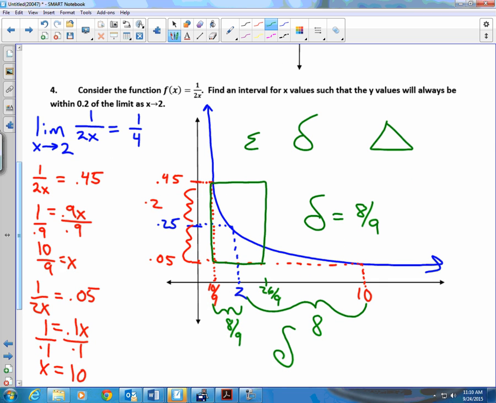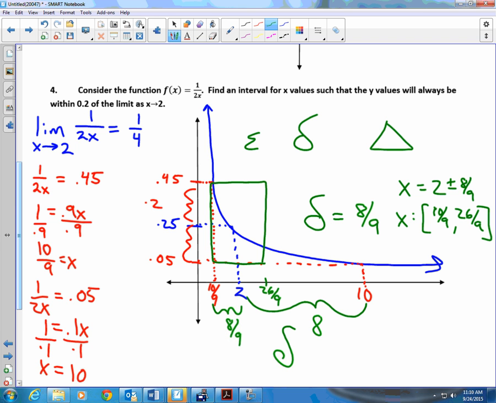So it says find an interval. Well, your interval would really be x values. You would choose 2, and it would be plus or minus 8/9. That's your delta value. And if you wanted to actually write it, x is going to be the values between 10/9 and 26/9. That's fine as well. There's many ways to write it.